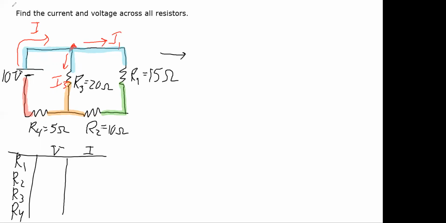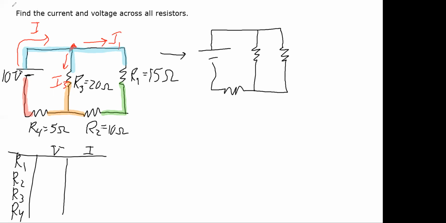Every time I combine something, I'm going to draw a new circuit diagram here. Okay, so this new resistor on the right is my R12. I've combined resistors 1 and 2. This is still R3 over here, and it's still R4.